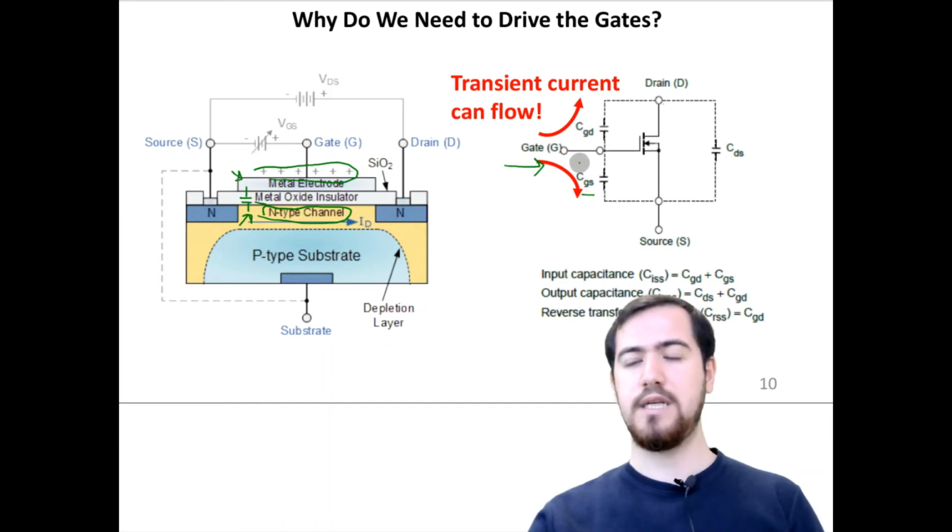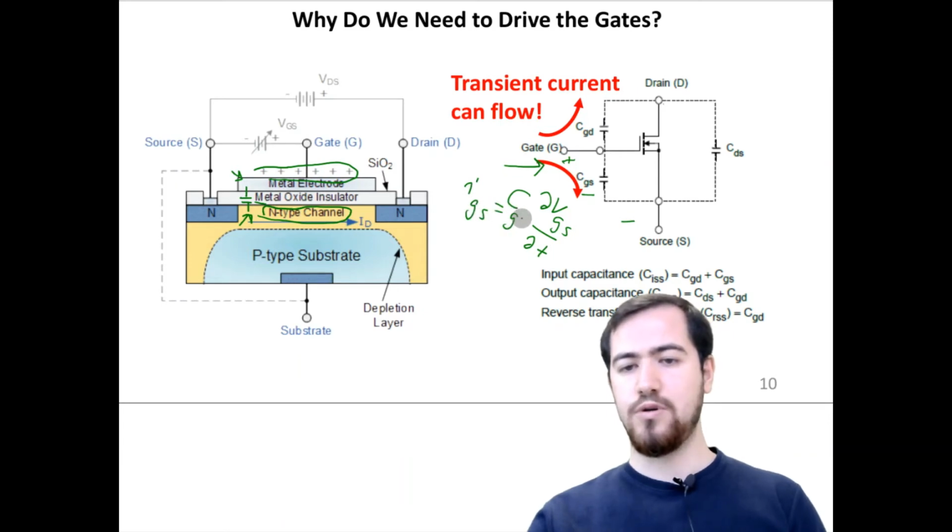However, when a transient is applied, whenever the voltage between gate and source is changed by dVGS/dt, it causes some current flow through the gate source capacitance. So we cannot say that the gate is not conductive.